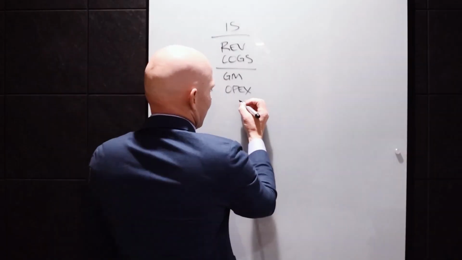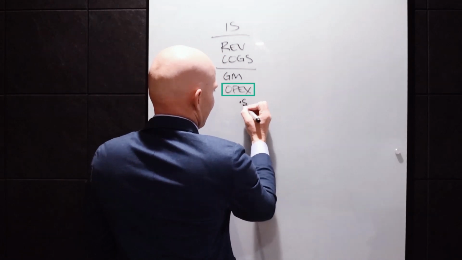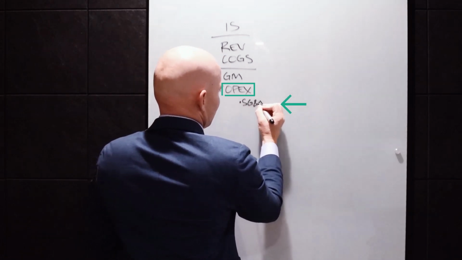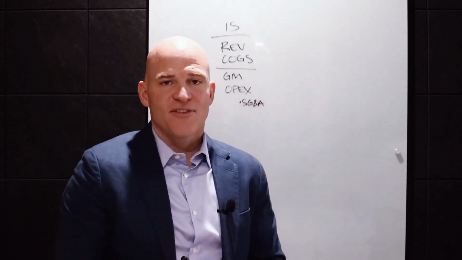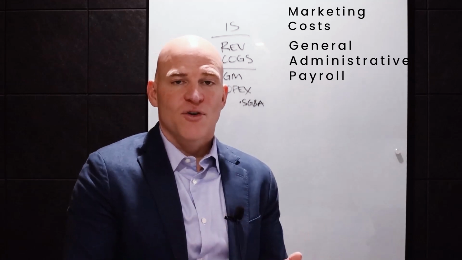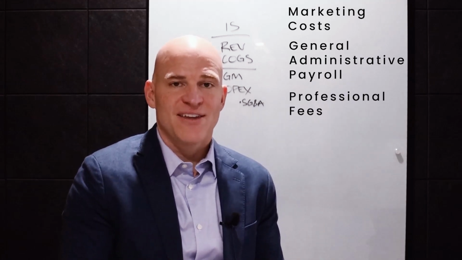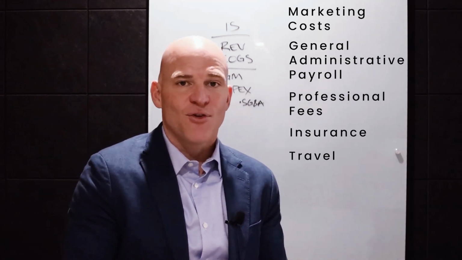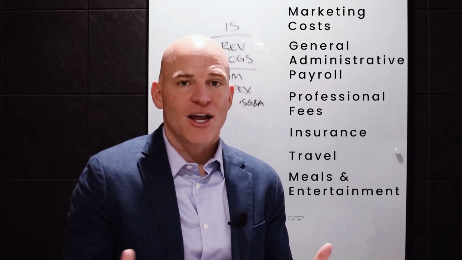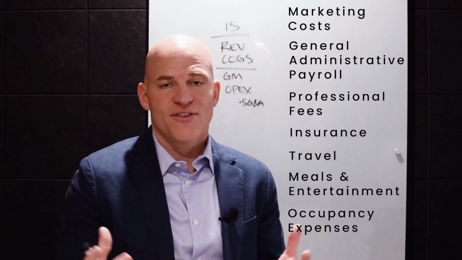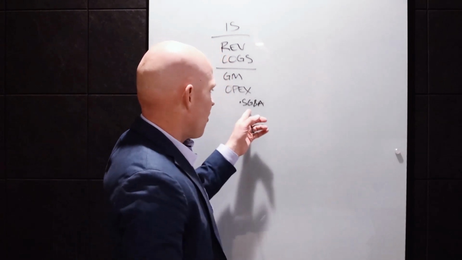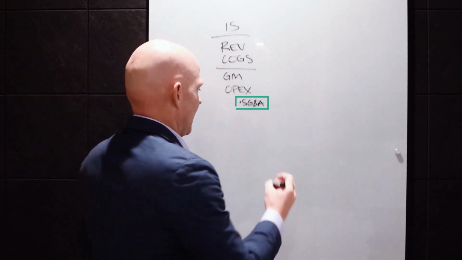Now, underneath Opex, there are subcategories such as selling, general, and administrative expenses, such as marketing costs, general administrative payroll, professional fees, insurance, travel, meals and entertainment, occupancy expense. All costs associated with running the business are captured here in SG&A.